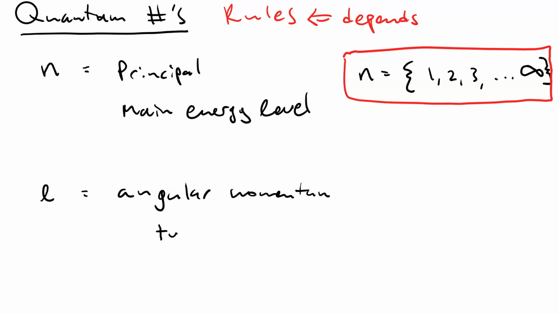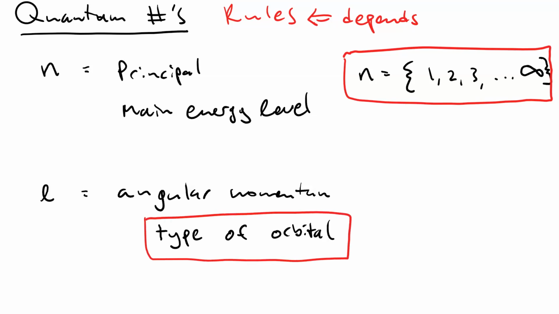What L tells us is the type of orbital that we're dealing with. L values can be any integer from 0 to n minus 1.